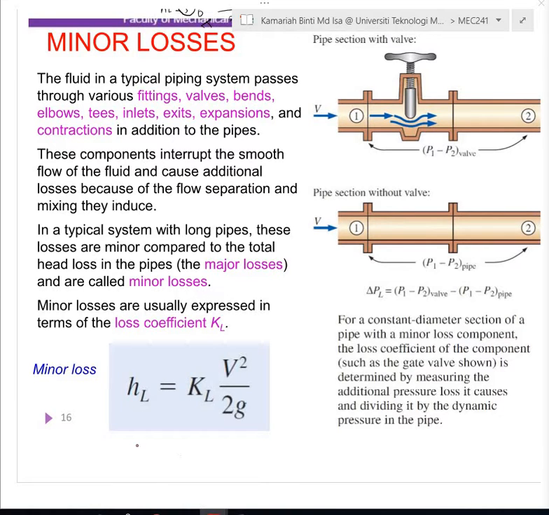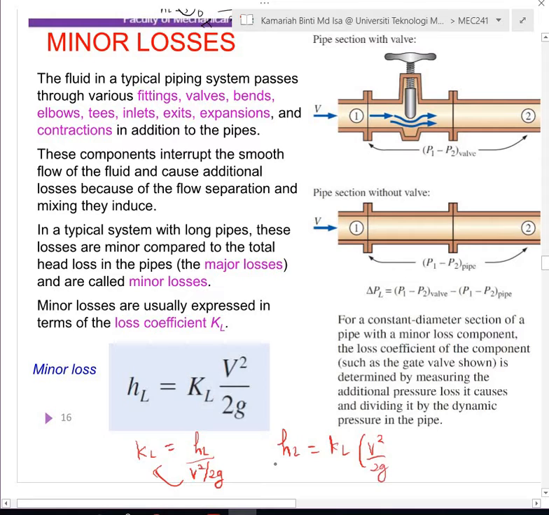KL is expressed as hL over V squared over 2g. So if we want to find hL, we can just bring this to the left side, so we get hL equals KL V squared over 2g. This is what we use to find the minor loss, where hL is the additional irreversible head loss in the piping system caused by insertion of the component.